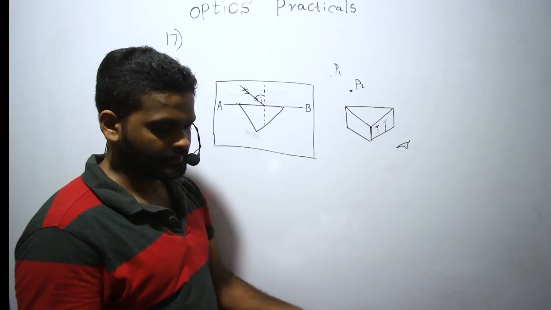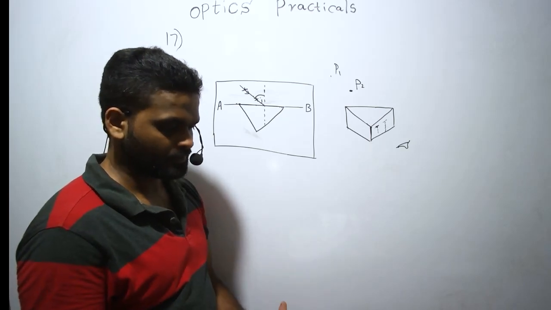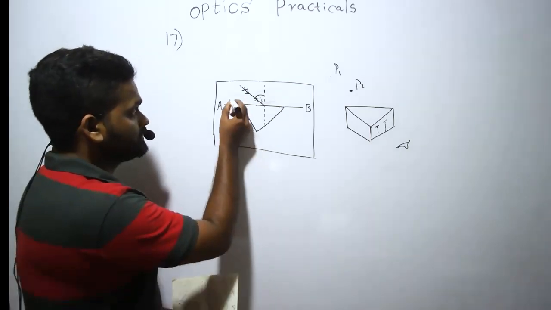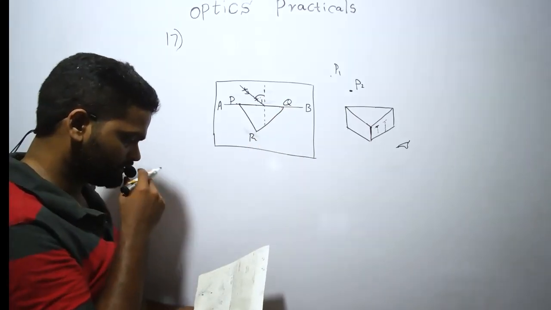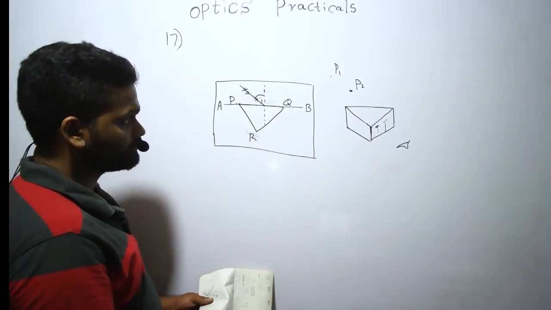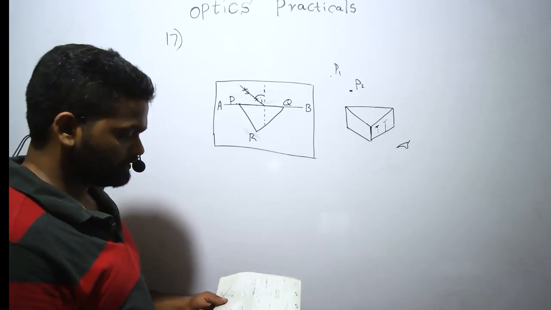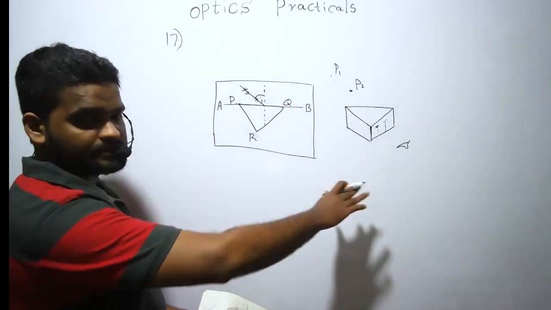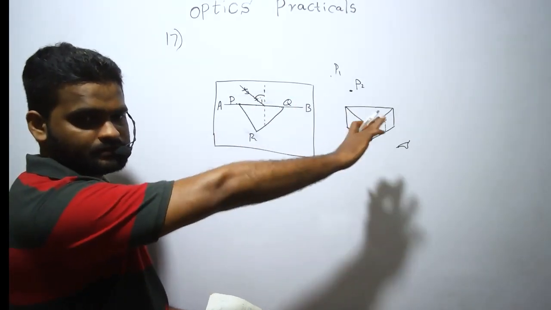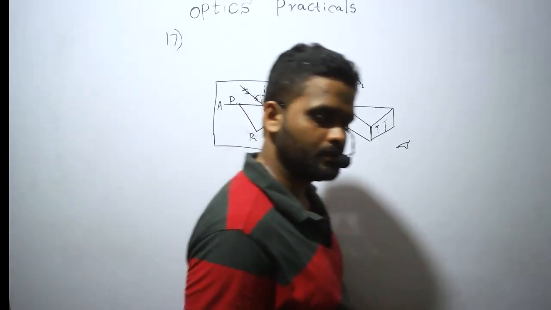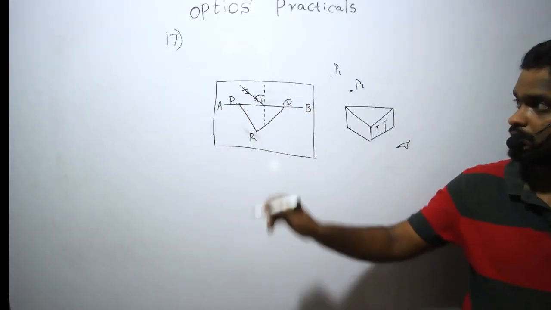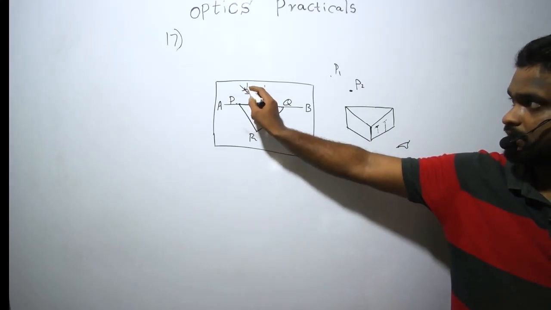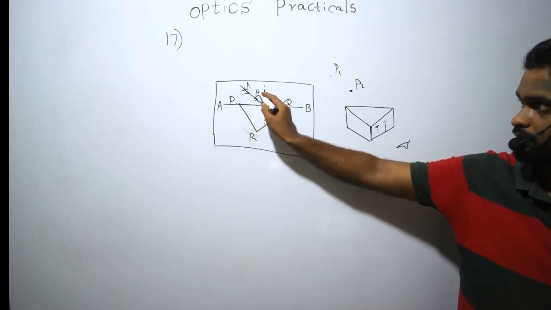Let's say this one P, this one Q, and this one R. Just draw these 2. First, just take this down. One is P1, another one P2.